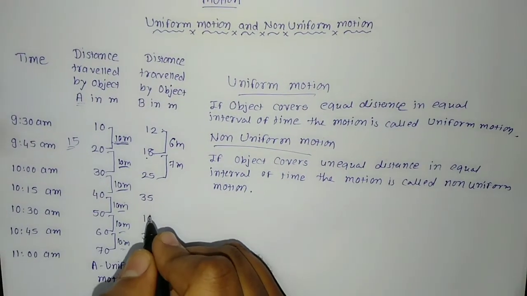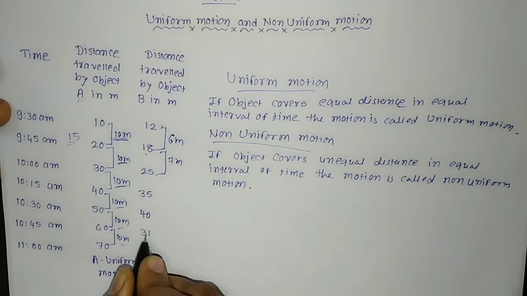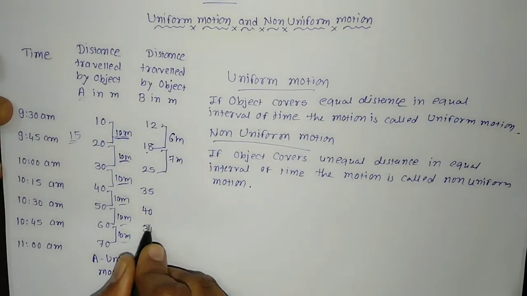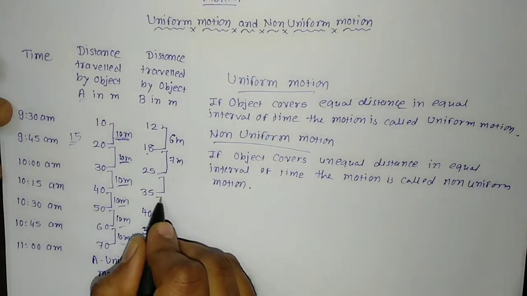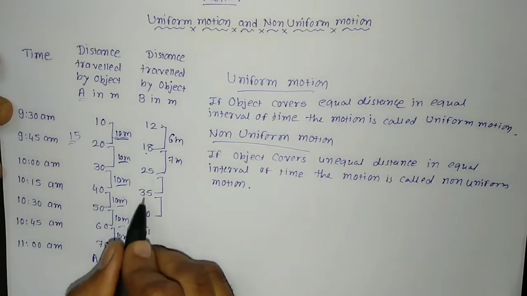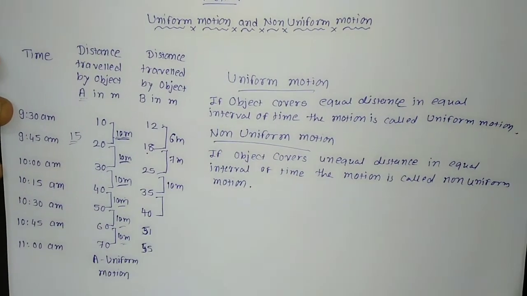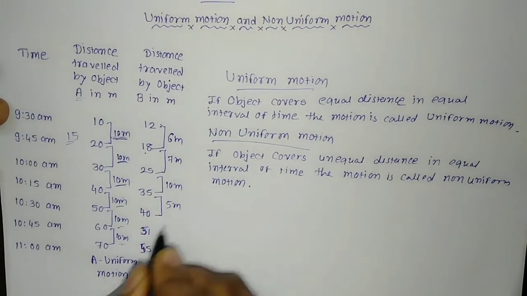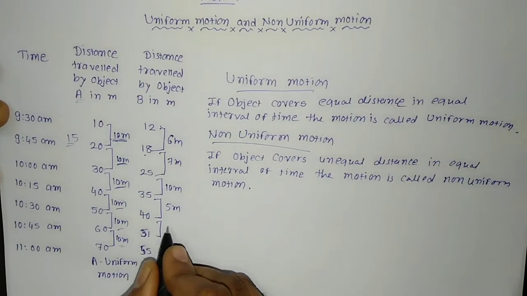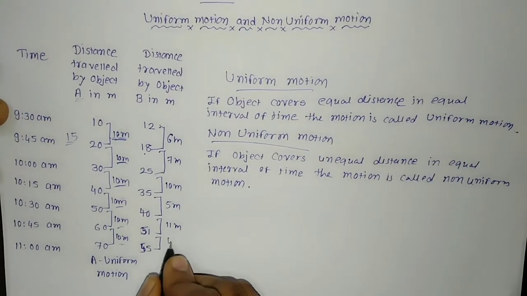Here there is a mistake in the table: in fact this is 35, this would be 40, this is 51, and this is 55. You can find the distance in all these cases for each next 15 minutes: 35 minus 25 is 10 meter, 40 minus 35 is 5 meter, 51 minus 40 is about 11 meter, then 51 to 55 is about 4 meter.